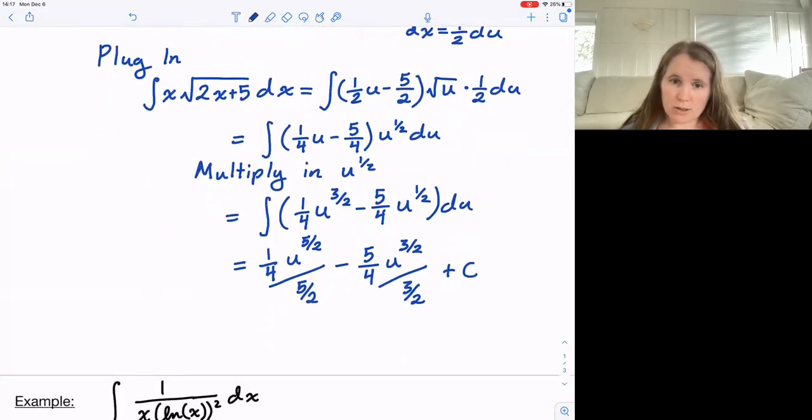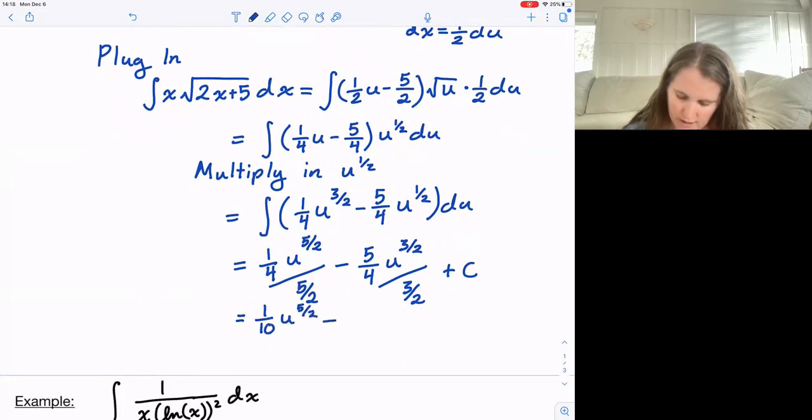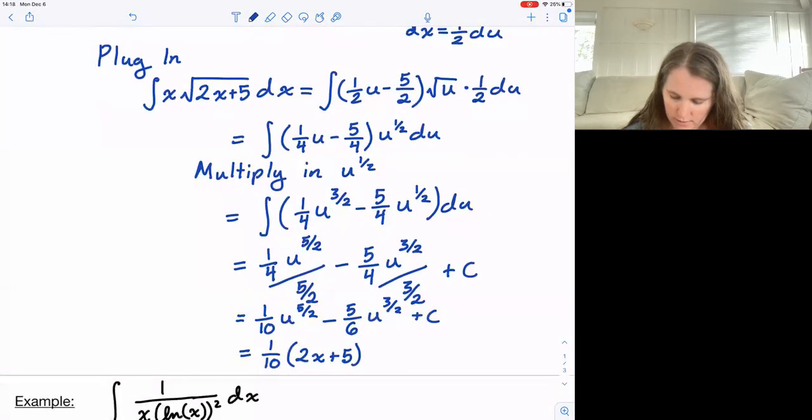So from here, this becomes, let's see, 1/4 divided by 5/2 is 1/4 times 2/5, which is 1/10, u to the 5/2, minus 5/6 u to the 3/2 plus c, and then plugging back in, u was 2x plus 5, so we are looking at 1/10 times 2x plus 5 raised to the 5/2 minus 5/6 times 2x plus 5 raised to the 3/2, and then plus c.